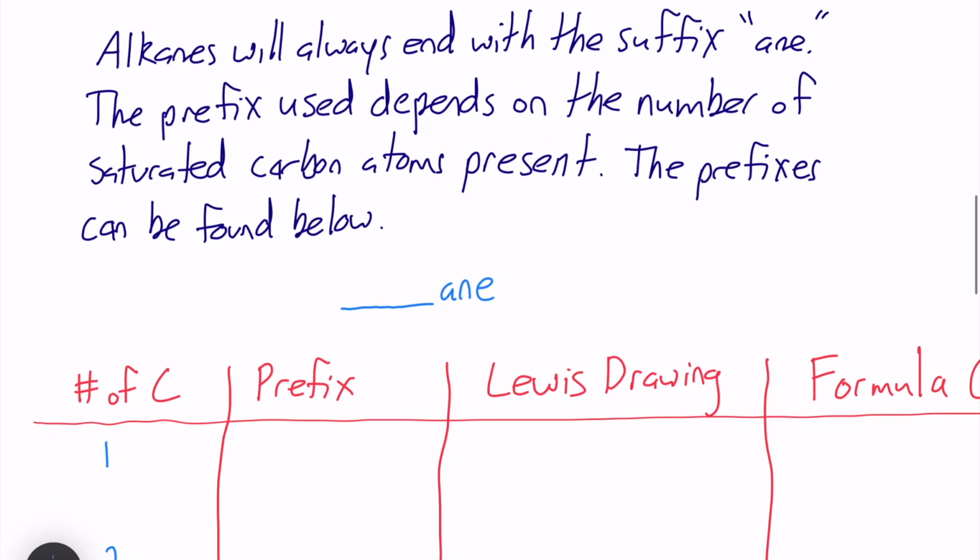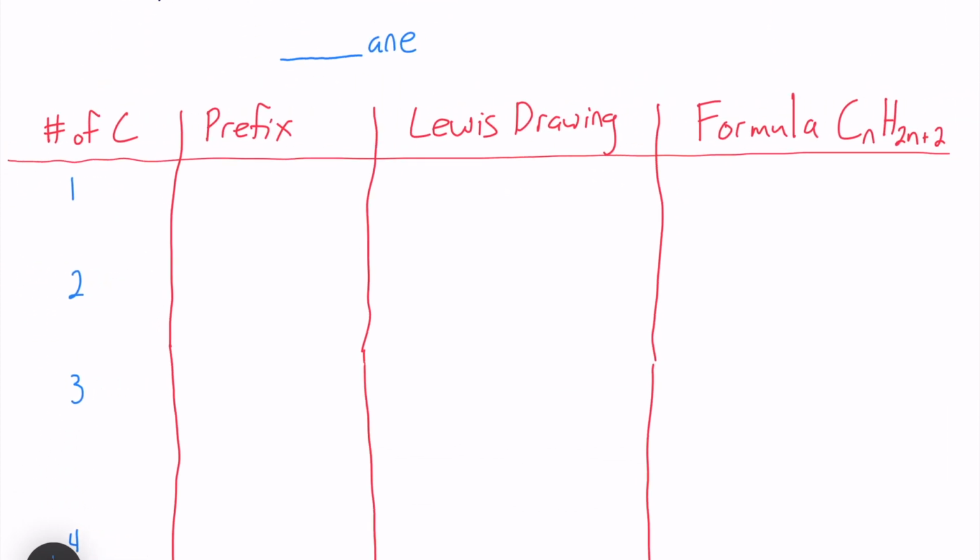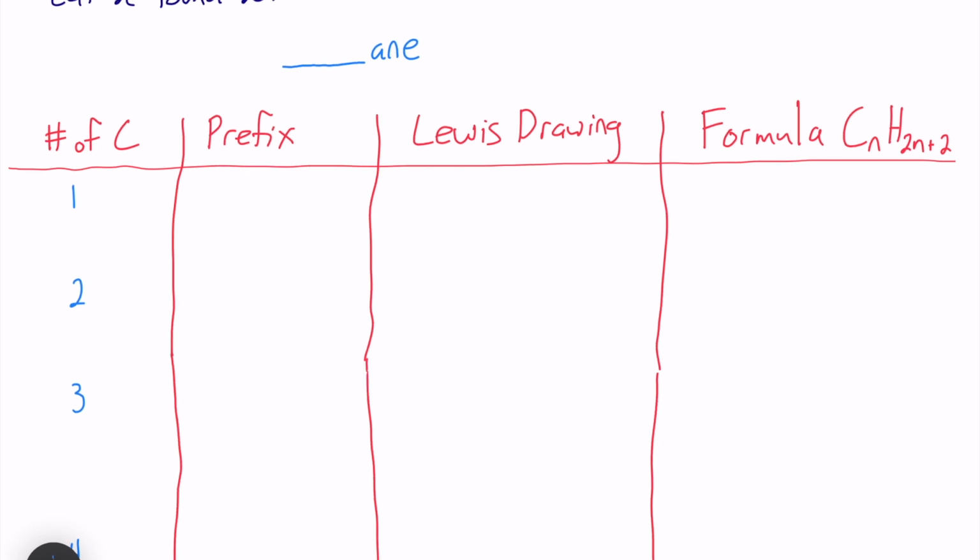So when these alkanes have one saturated carbon, our prefix is going to be meth, and in our Lewis drawing, we're going to have a carbon atom in the middle, saturated with hydrogen atoms around it.